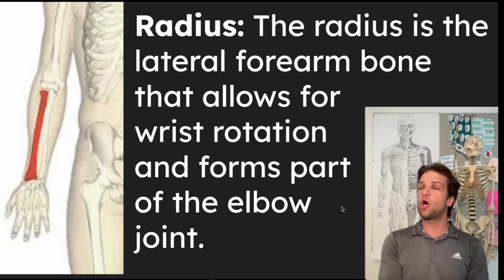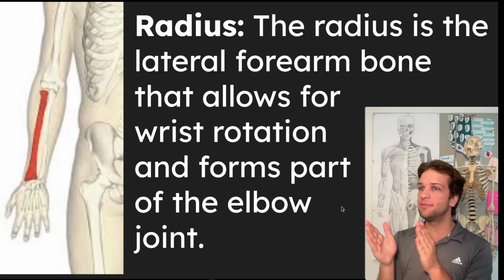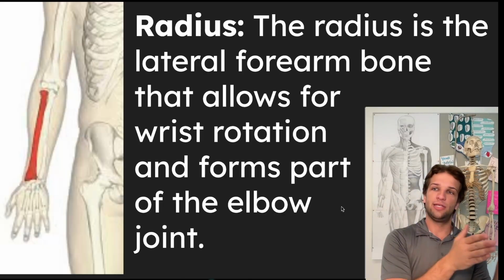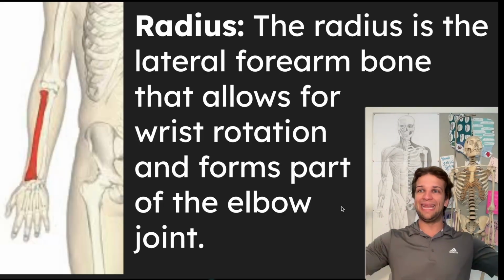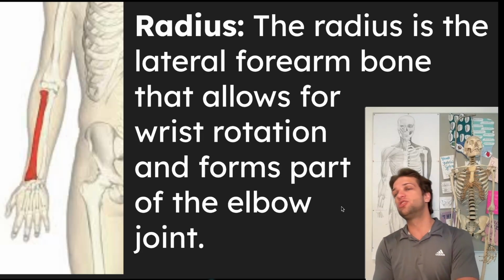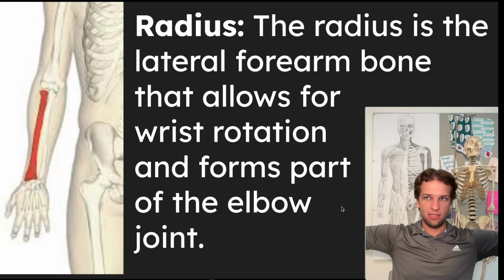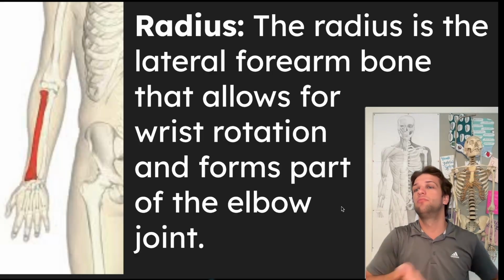It's always going to be the bone on the thumb side. So your radius is your thumb side bone. Of the two, always remember in anatomical position, our hands are out, and the radius is the one on the outside, on the thumb side.